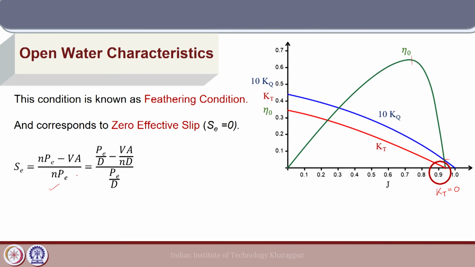So, using that concept of screw pitch, we define the slip of the propeller blade, and at 0 effective slip we will have the thrust coefficient 0 in the open water diagram.